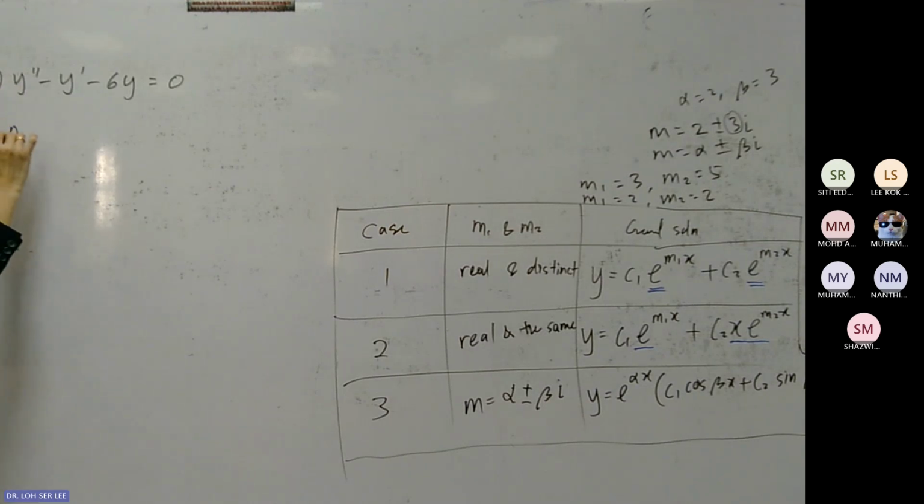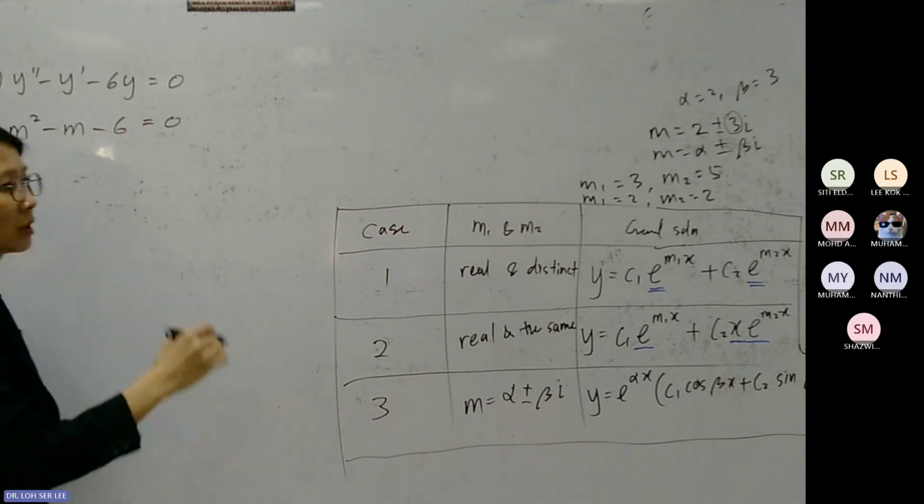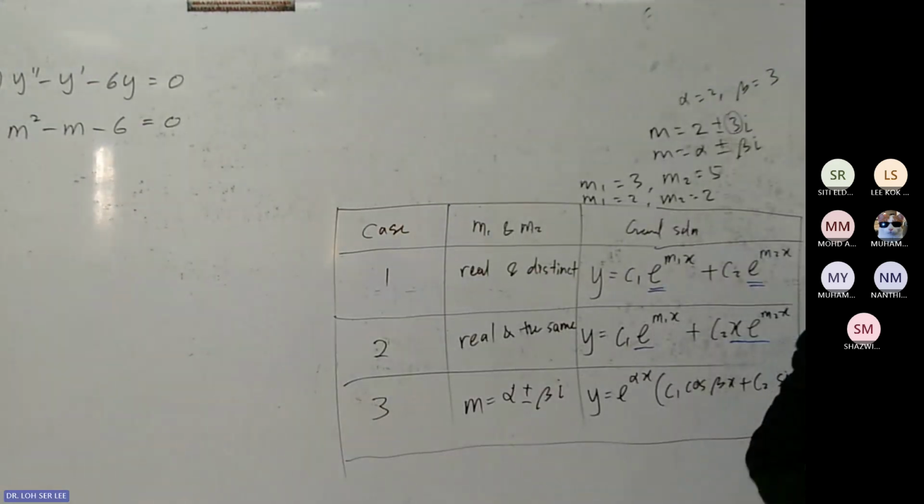For y double prime, we have m squared minus m minus 6 equals 0. Then you can factorize either manually or use your calculator. So what is your m?